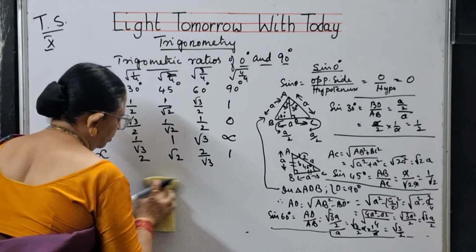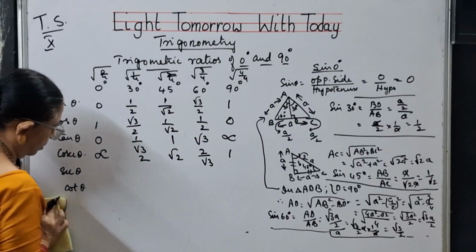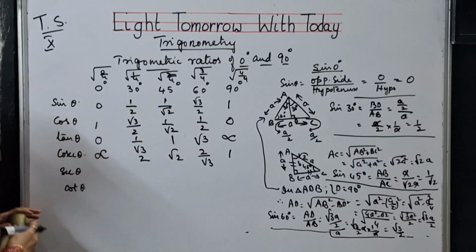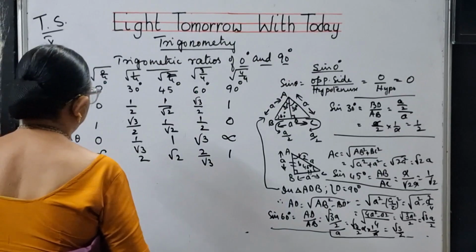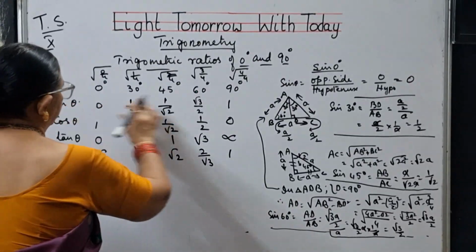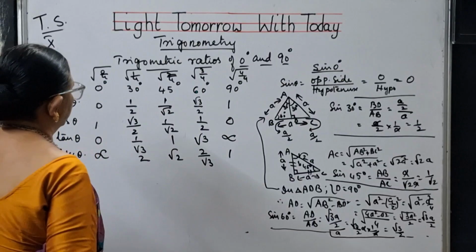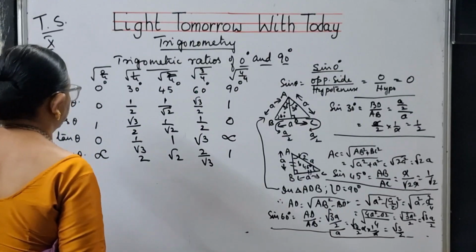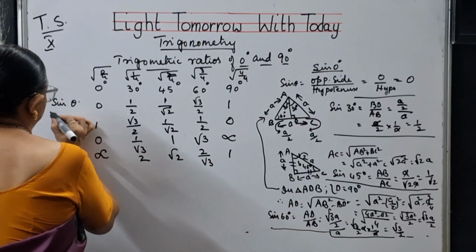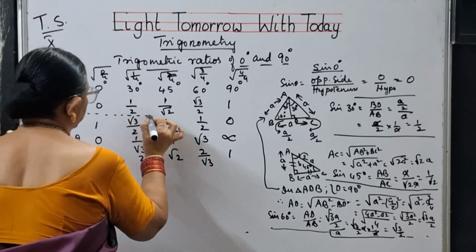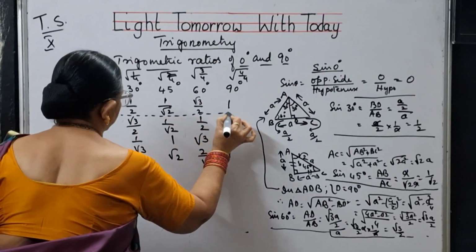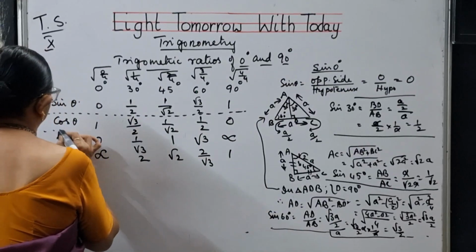So this is about cosecant theta. Then you have secant theta. So I hope I am clear to you, children. I did not draw the lines, but I hope you are able to understand this. Sine theta, dotted lines. I will try to give, children. This is all sine.